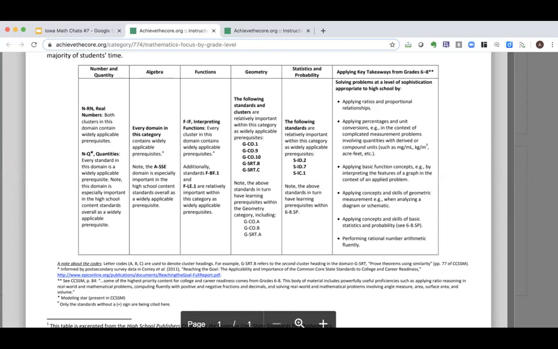And then over here, it says when they're in high school, they should be solving problems at a level of sophistication appropriate to high school using these concepts. And you'll notice that these are from 6th through 8th grade. So this isn't saying to be able to solve problems with new content.